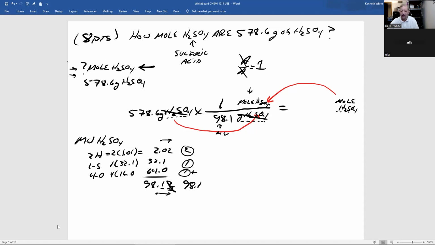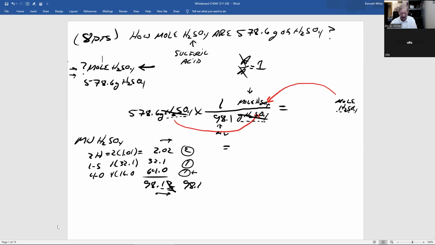I'm left with moles of sulfuric acid, H2SO4. Yes, that's what I want. So now I can happily pick up my calculator, turn it on, clear it, and divide 578.6 by 98.1. And my calculator gives me this number.